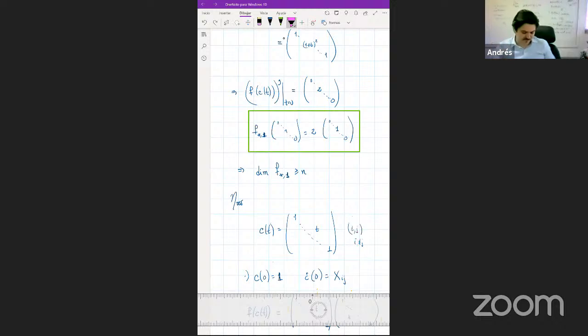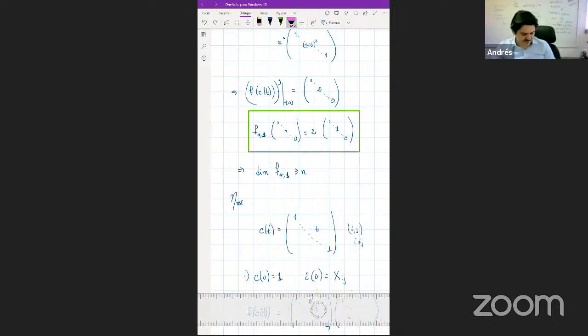So when t equals 0, I have the identity. The derivative, this is constant, so I will only get a 1 here. It is this. Right, so that's the derivative.